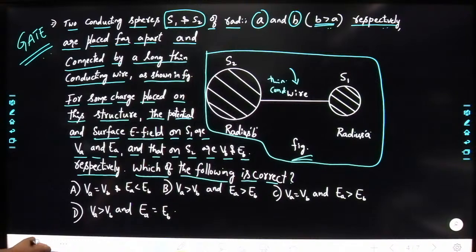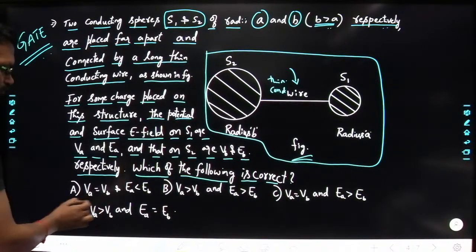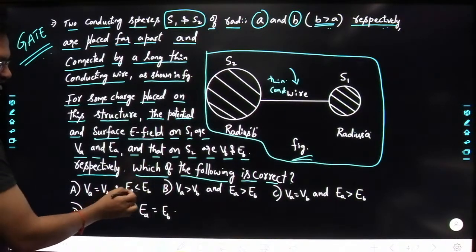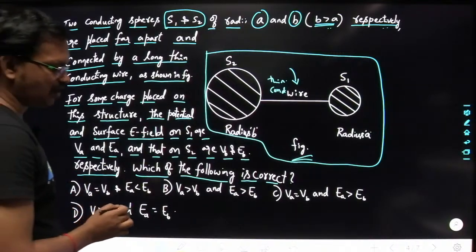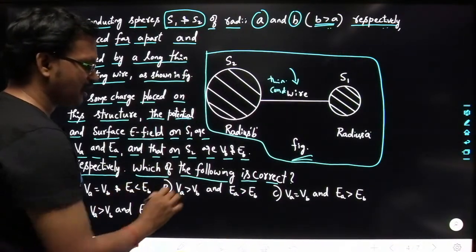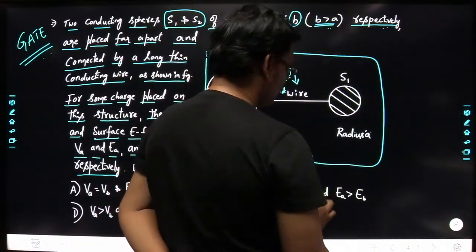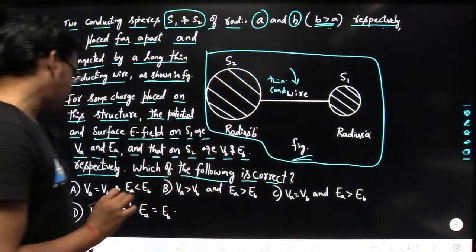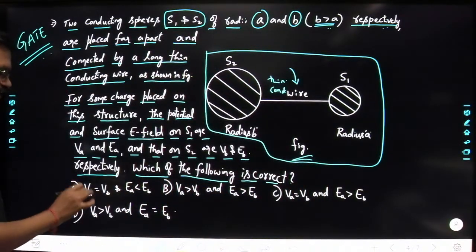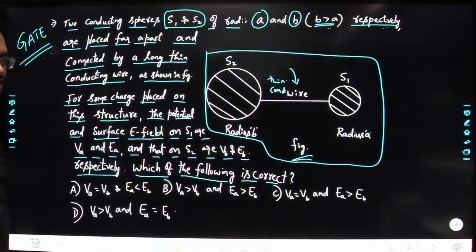In option A, they have given VA equal to VB and EA is less than EB. In option B, VA greater than VB and EA greater than EB. Option C, VA equal to VB and EA greater than EB. And option D, VA greater than VB and EA equal to EB.